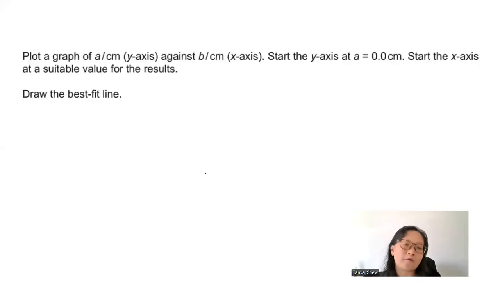Plot a graph of A/cm, that's the unit of A, on the y-axis against B/cm on the x-axis, and start the y-axis at A equals 0.0 cm. That also means that you have to start your y-axis at 0 cm and start the x-axis at a suitable value for your results and draw the best fit line.